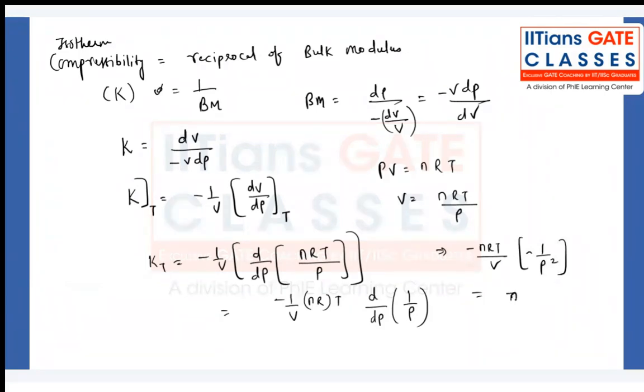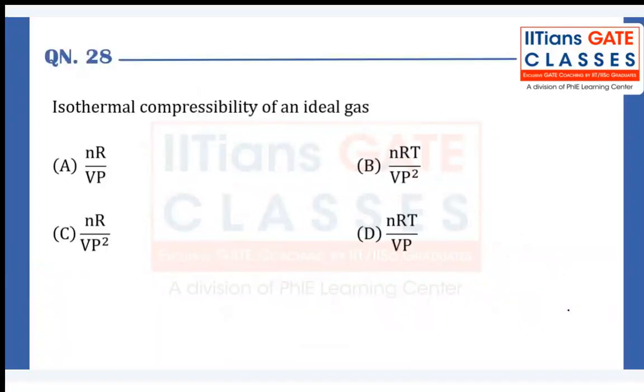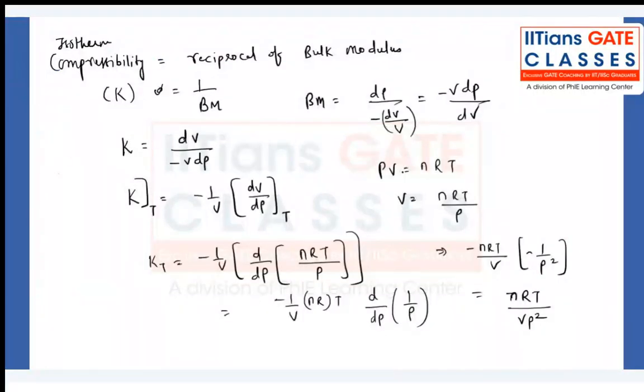So you will get nRT divided by VP square. Which option is correct? B is correct. That is the K_T.